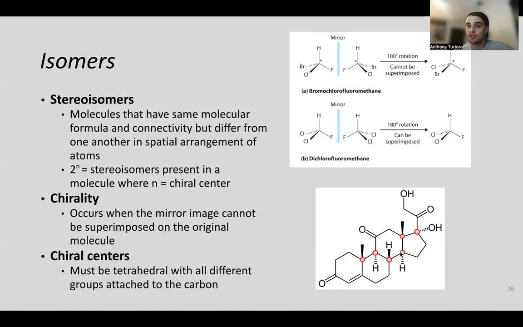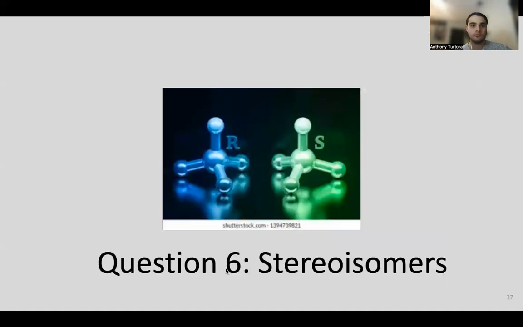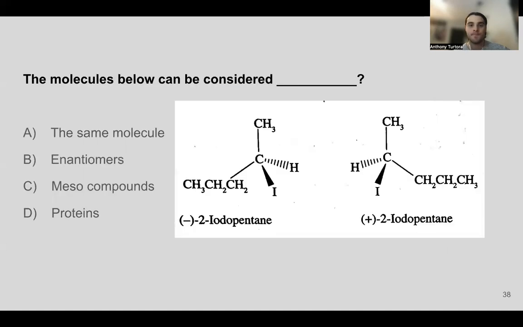So here we see that all of these are chiral centers. All right, now we're going to specifically talk about different stereoisomers. On this question, I'll give everyone about a minute, and then we will discuss.